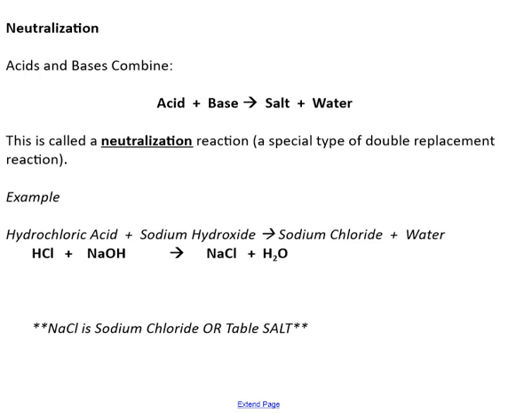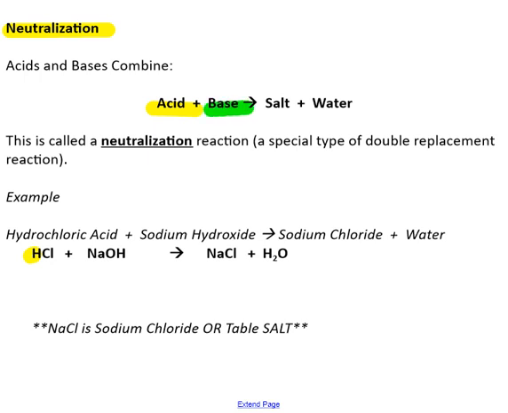In our last lesson on types of reactions, we remembered that an acid plus a base makes a salt and water. This kind of reaction is called a neutralization reaction. The part of the acid that makes it an acid, we found out, was hydrogen. And you'll notice that in hydrochloric acid, there's my hydrogen.